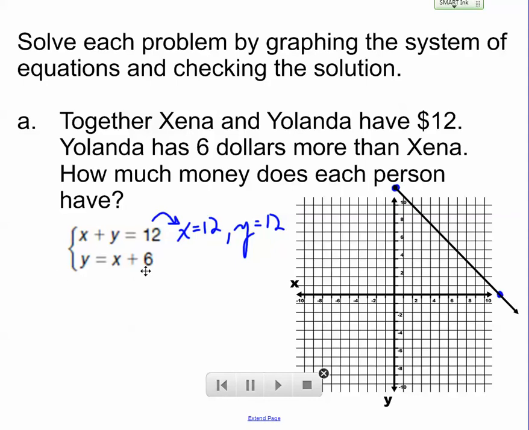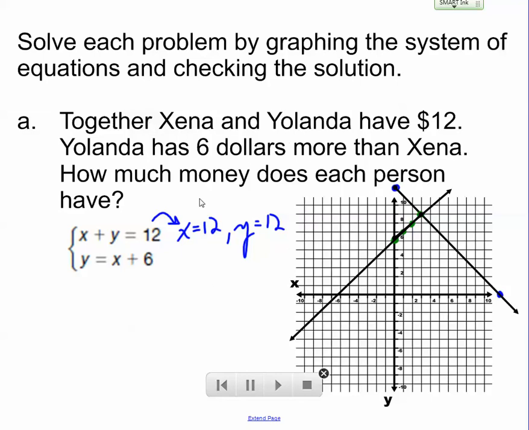Now in the second equation, the y-intercept is 6, and the slope is 1. So I'll just repeatedly use the slope there, up 1 over 1, and I'll draw a line there. Now what we're looking for is how much money Zena and Yolanda have.